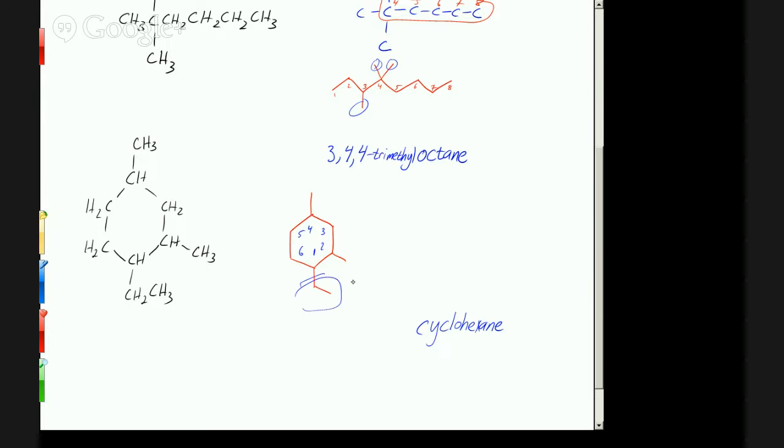That's here. And then methyl groups at 2 and 4. So that's going to be 1 ethyl, 2, 4 dimethyl cyclohexane.